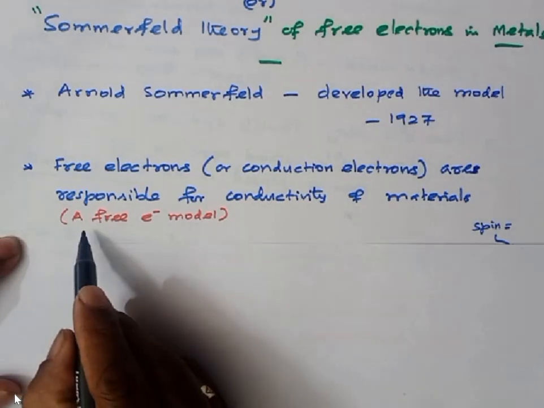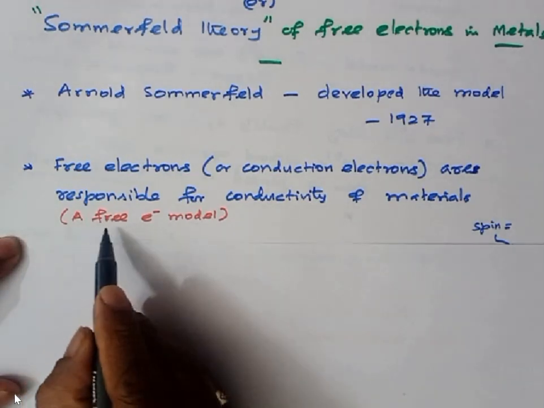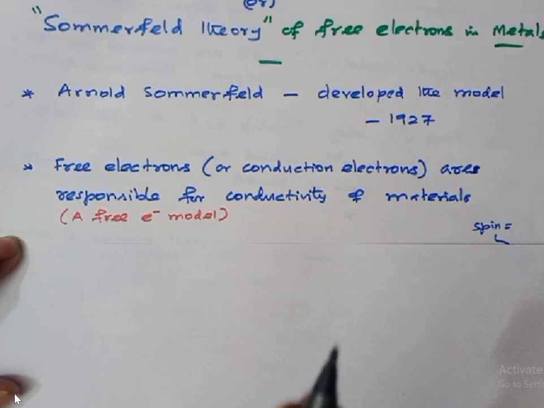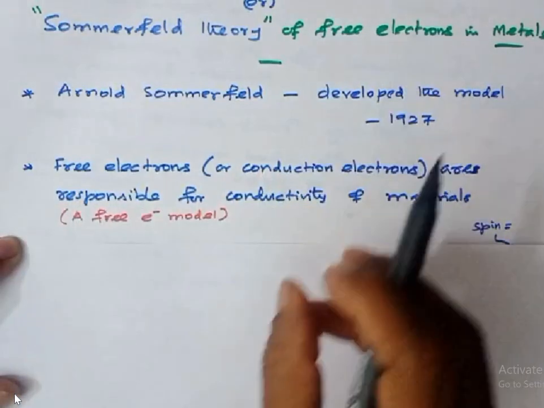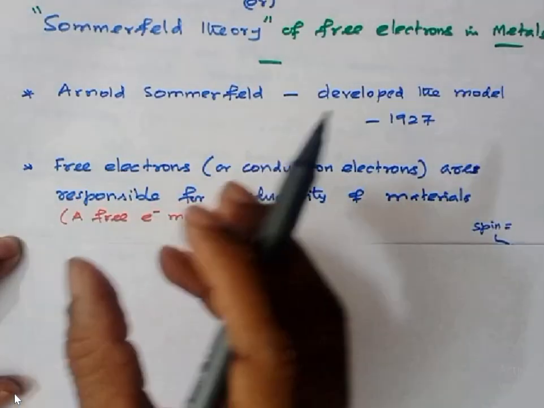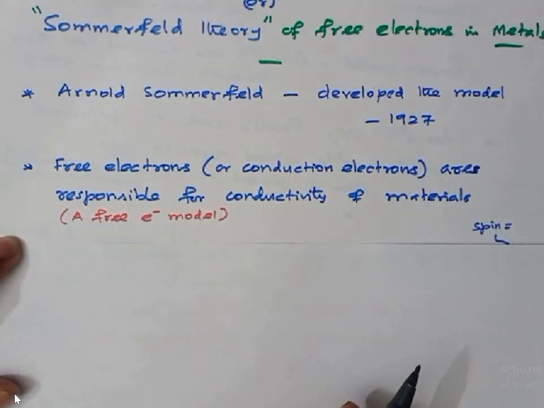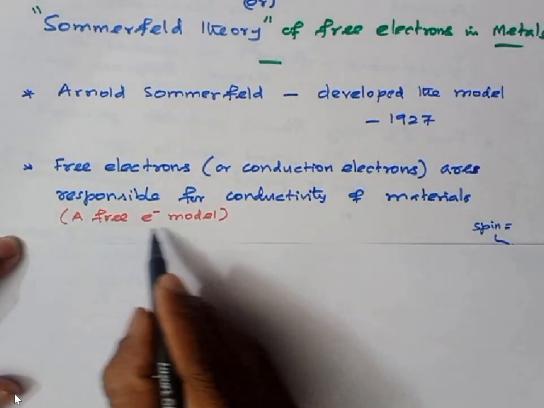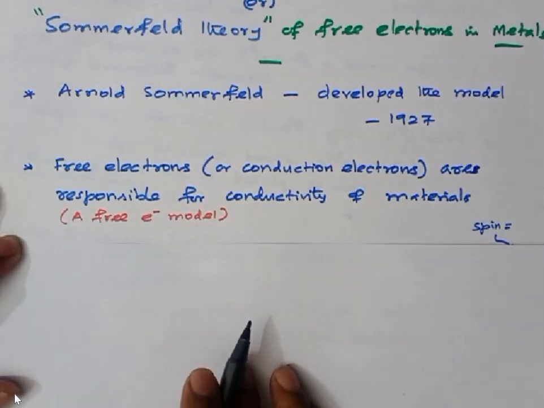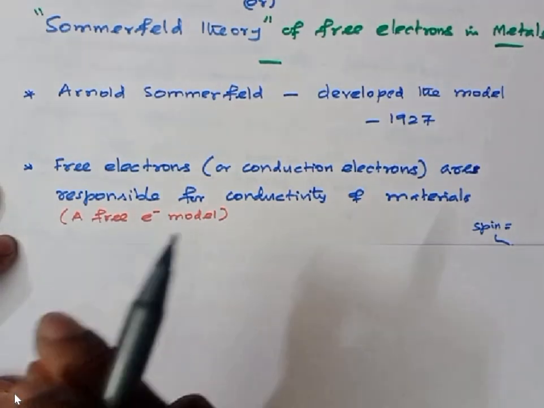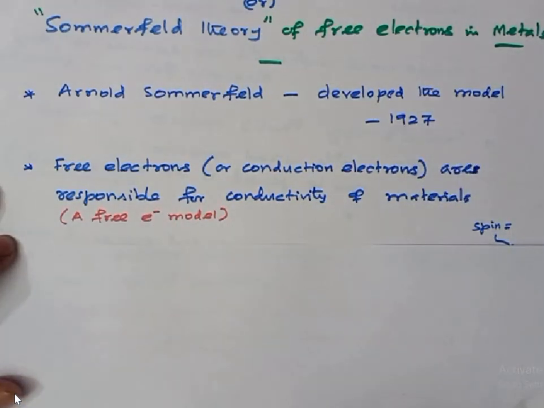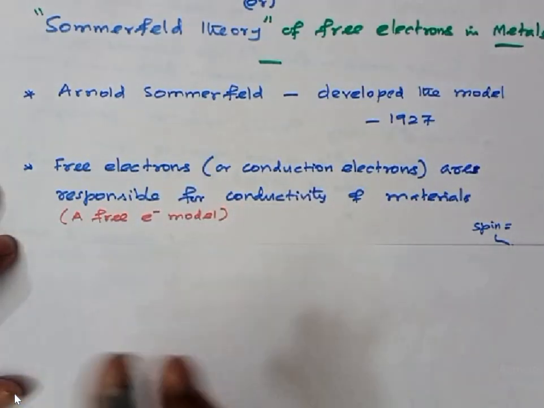That's why this model is called a free electron model. The electron is not attracted by the positive ions present in the crystal lattice. There is no attraction. So if I say it's a free electron model, it means electron-electron repulsion and electron-positive ion attractions are neglected here.